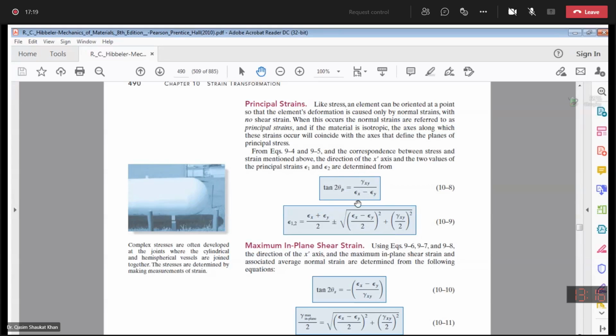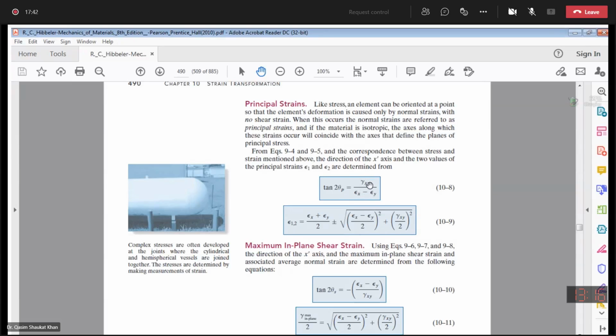One thing to be noted here, sigma x corresponds to epsilon x. So sigma x will only produce epsilon x because Poisson's effect is taken as 0, and sigma y will produce strain epsilon y, and the shear stress tau xy will produce shear strain gamma xy.